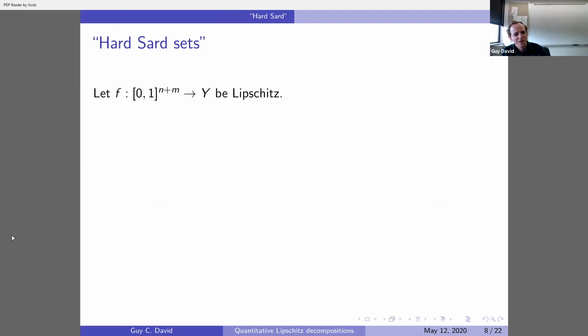This is the definition of something called a Hardside set. This is a name that comes from a paper of Azzam and Schul, where they were interested in quantitative analogs of Sard's theorem. Okay. So roughly speaking, a Hardside set is a set on which your mapping looks like an orthogonal projection up to some change of coordinates.